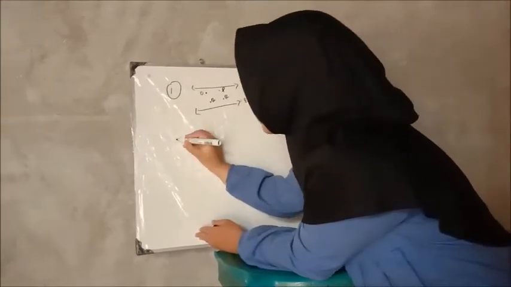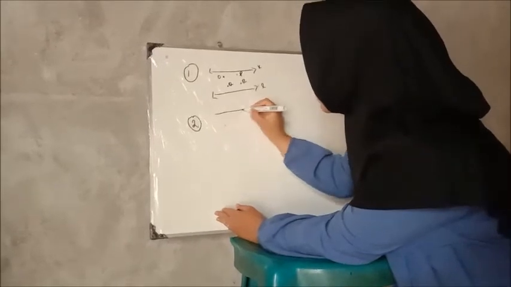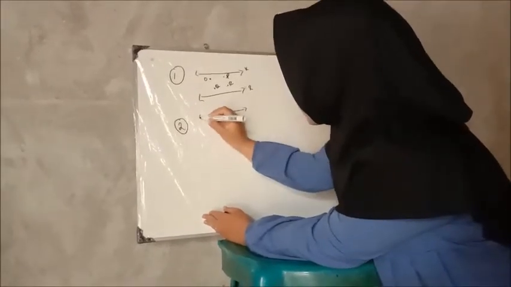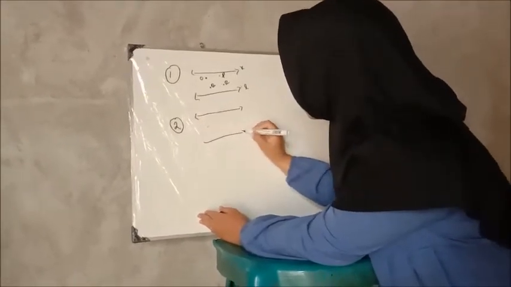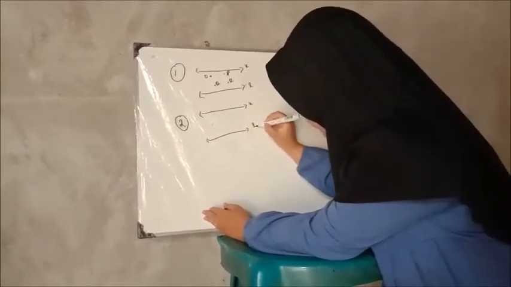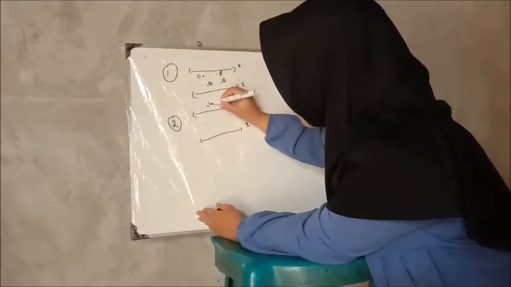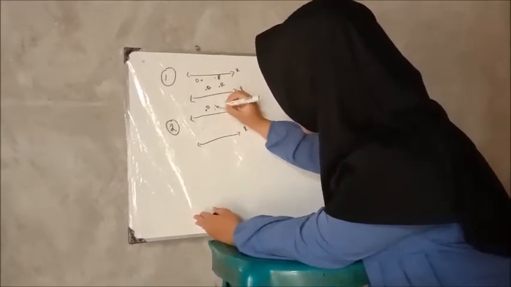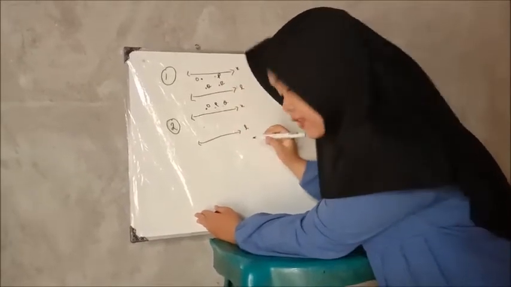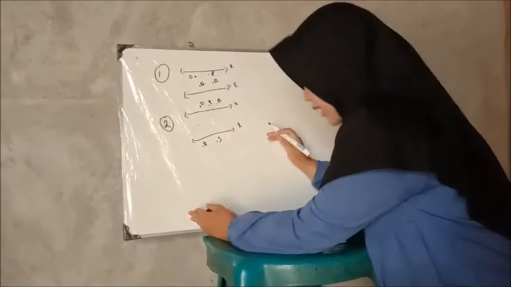Okay, then the second information. If I have parallel lines, suppose that they are K and L, then I have O, P, and Q over that, then R and S over that.